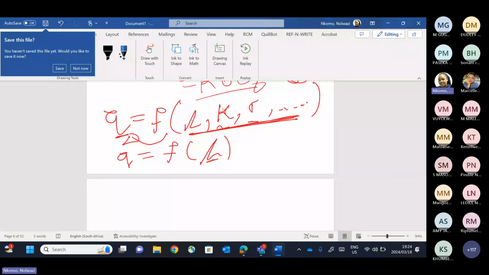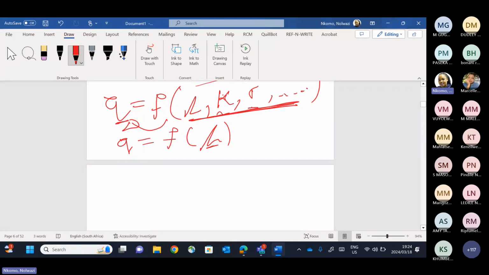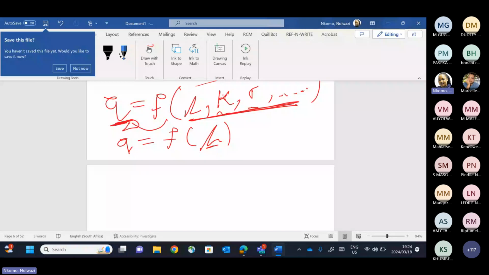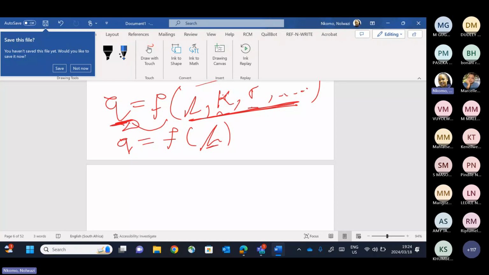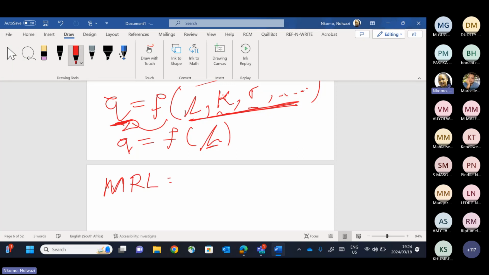Remember, I don't want you to confuse this Q, which is the demand, with the one I'm using here, which is the production function. So the marginal production of labor is the derivative of the production function.